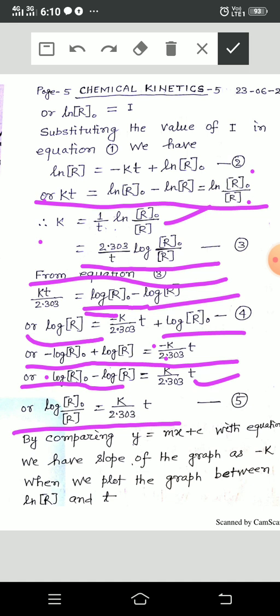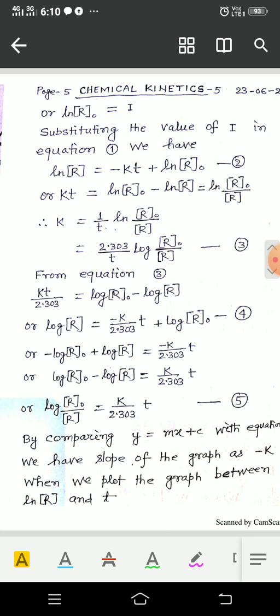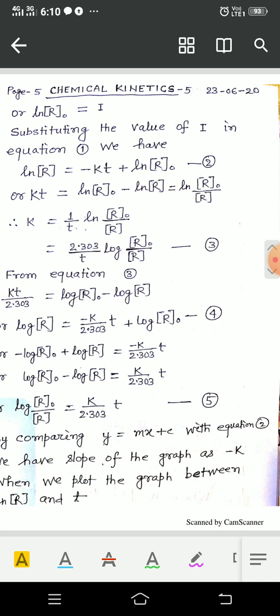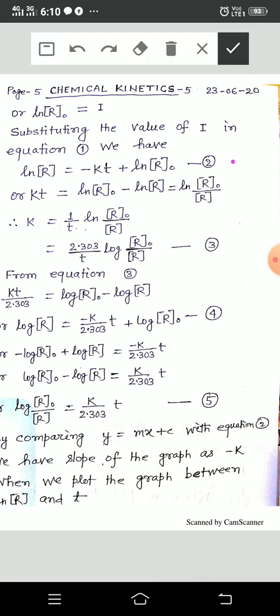So see here, when you compare y is equal to mx plus c with equation 2, this is equation 2.